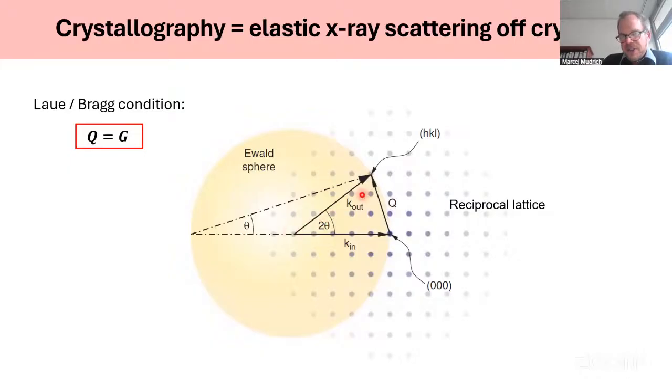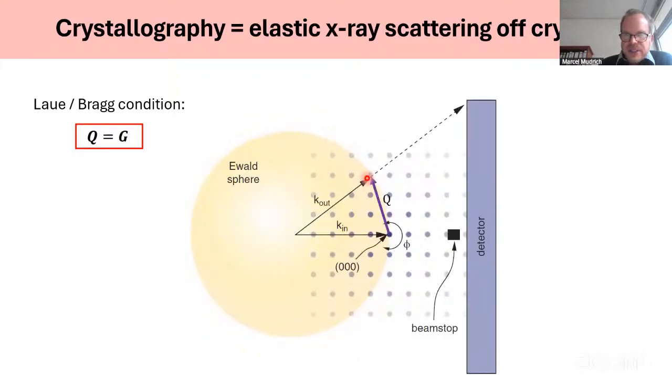And for this specific angle between k in and k out, the Laue condition is fulfilled, and we get constructive interference, and we expect to see a bright spot of scattered X-rays. And yeah, so the experimental arrangement would be like this.